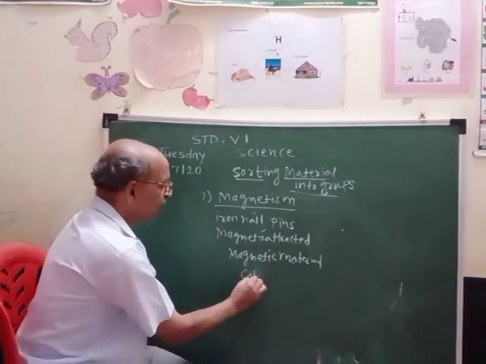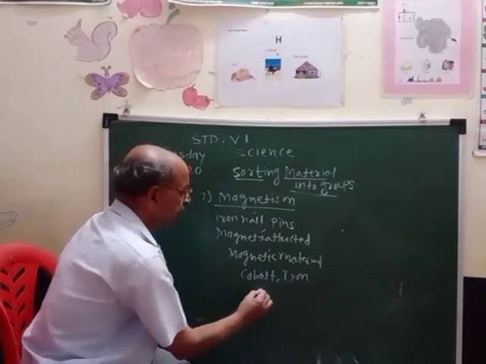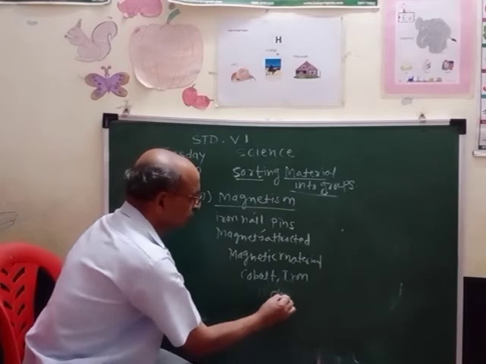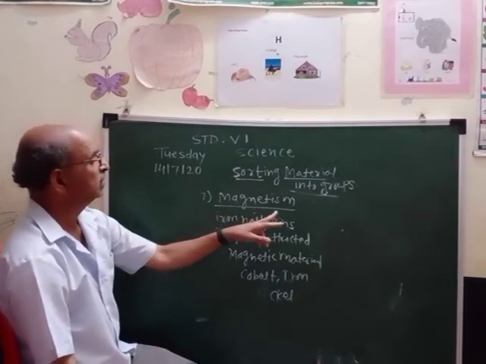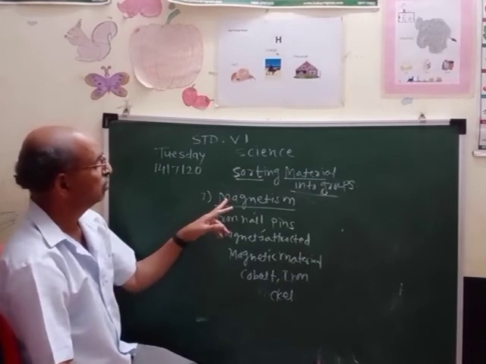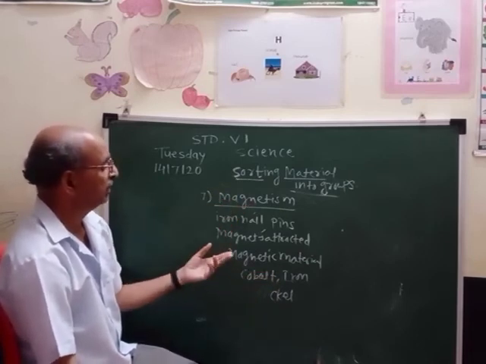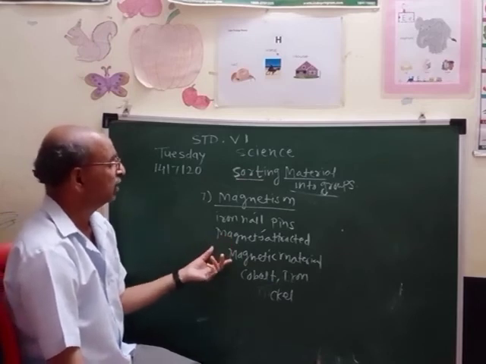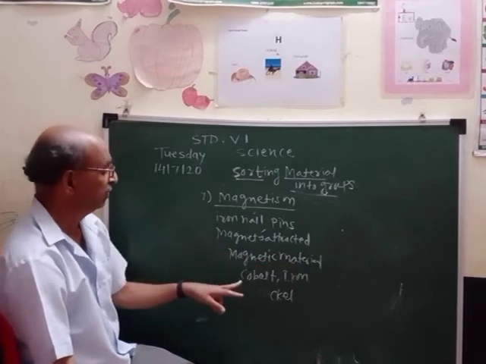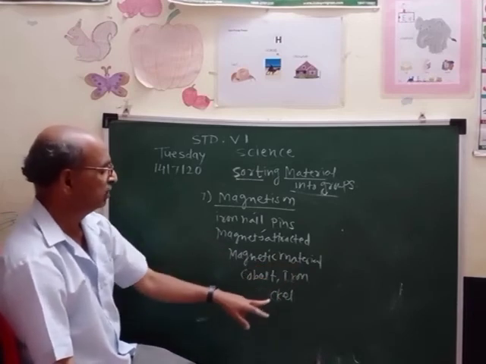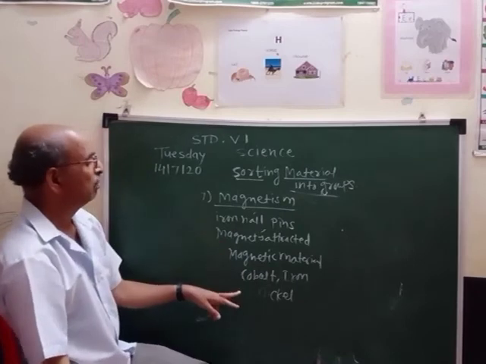So cobalt, iron, nickel, all these are magnetic materials, and the property is called magnetism. So the first sorting group of magnetism is magnetic material. Examples are cobalt, iron and nickel. These are called magnetic materials.